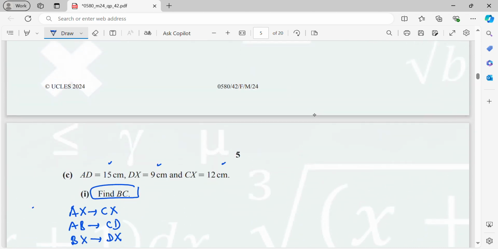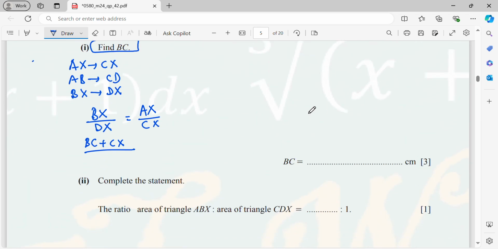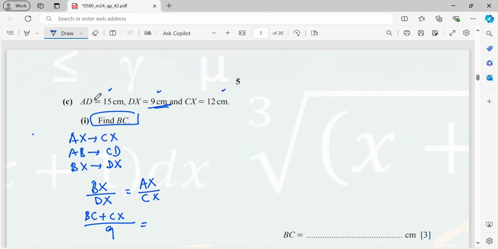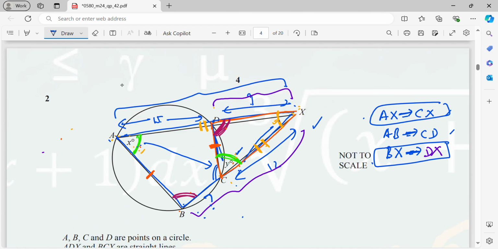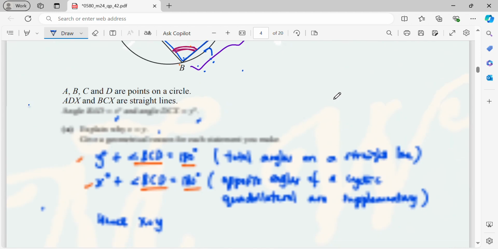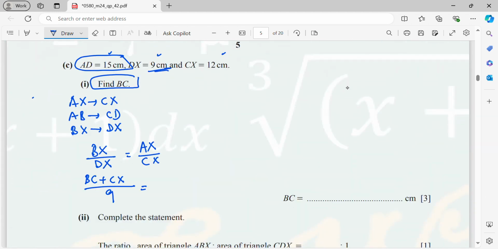DX is given, which is 9, so I will replace it by 9, equals to AX. AX is not given, but you are given AD. Go back to the diagram. AX, that means this total length, is basically AD plus DX. So AD plus DX over CX is given, which is 12.